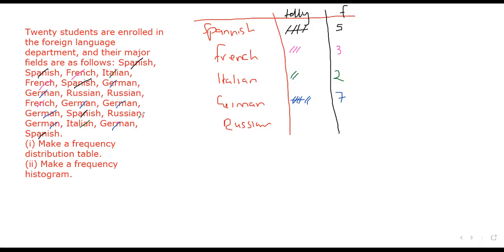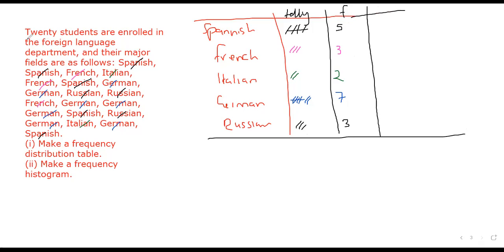The Russian, I can use black again. How many are they? 1, 2, 3. So it is 3. All right, so far are we together? Yes. In total, they should be 20. So you can cumulate them.